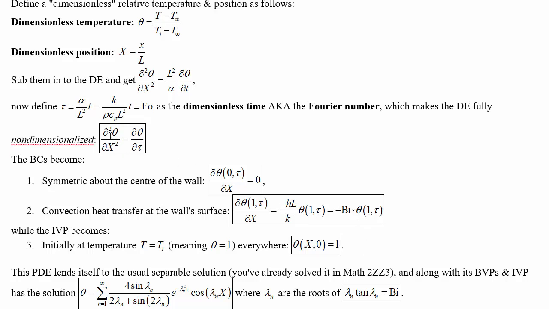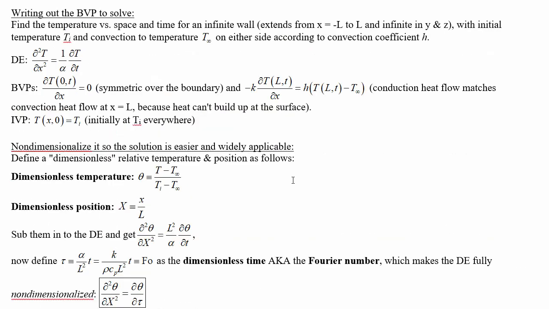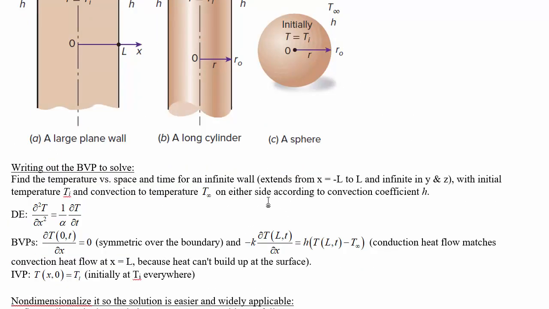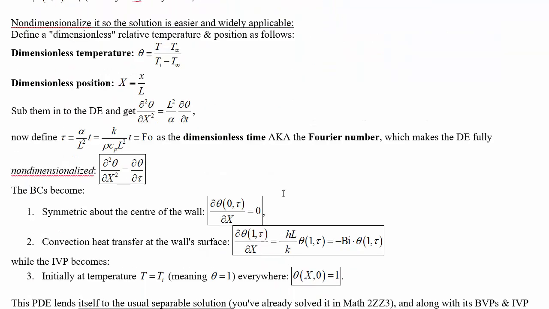So basically, for any plane wall, we've got a solution that, rather than possibly being a different solution depending on what L was, what K was, what H was, and what Ti was, the differential equation is now only going to depend on the Bi number.